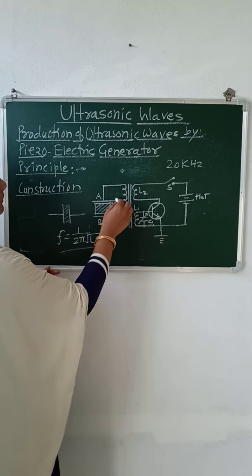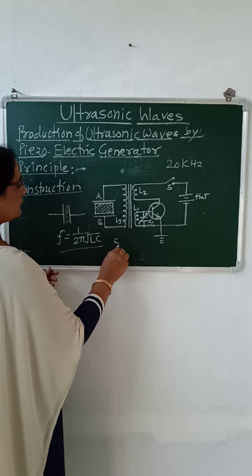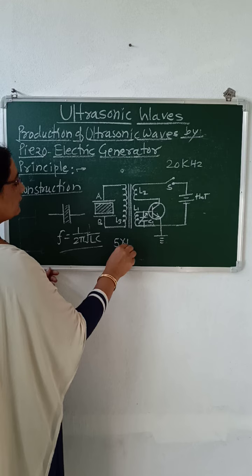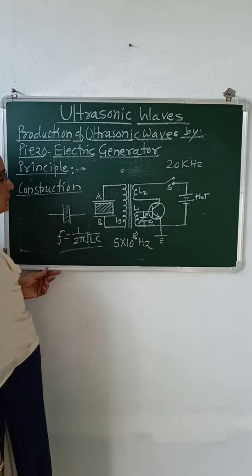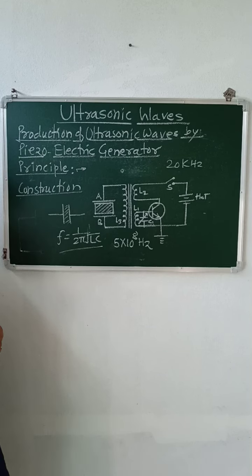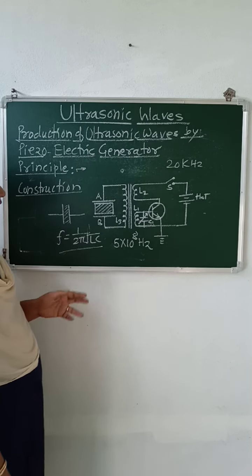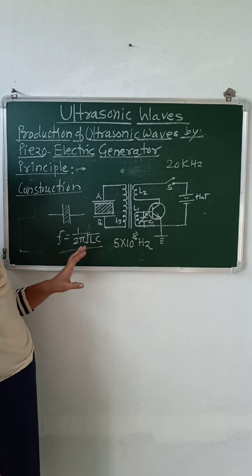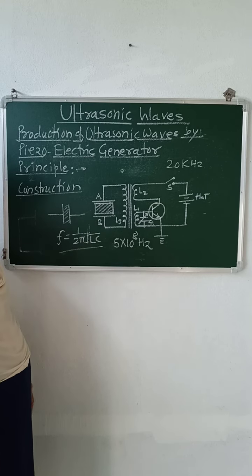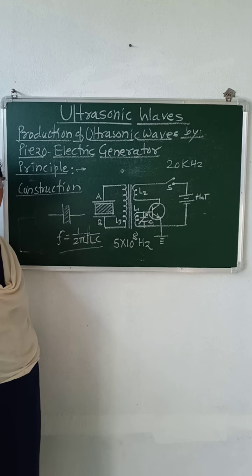Therefore, by means of the piezoelectric generator we can generate frequencies of the order of 5 into 10 raised to 8 hertz, that is, nearly 500 megahertz. Therefore, by means of the piezoelectric generator, we can generate ultrasonic waves.